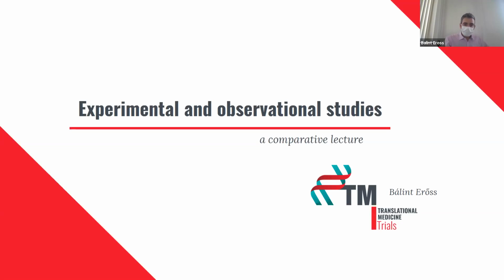I don't want to dwell too long on the first part of the session today, which should be about explaining to you the differences between experimental and observational studies. I would like to remind you that yesterday we have heard a lot about the disadvantages and limitations of observational studies.